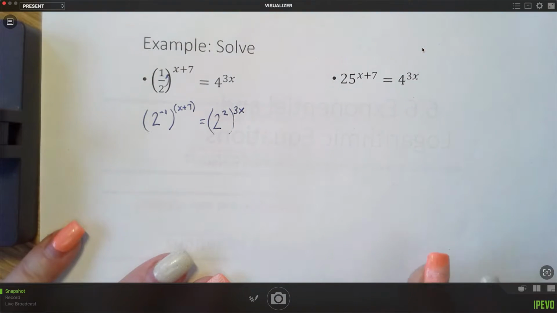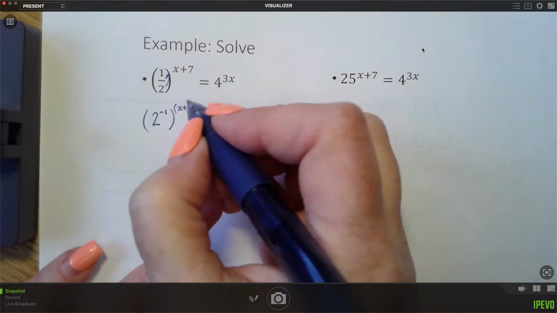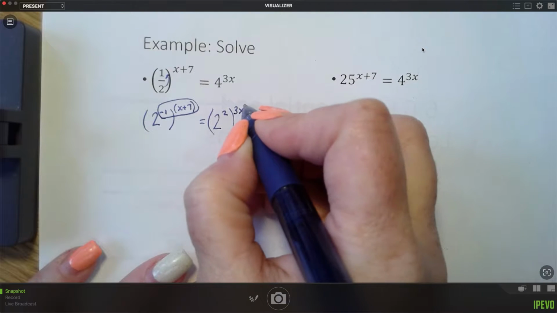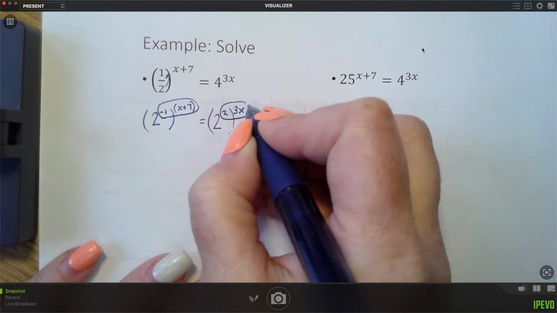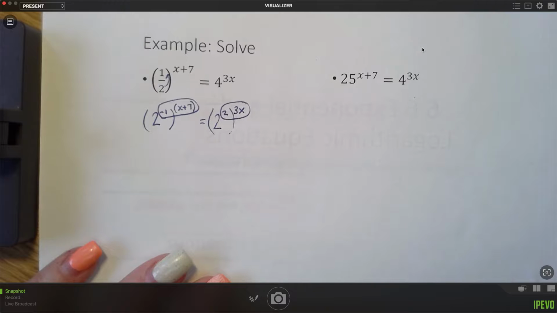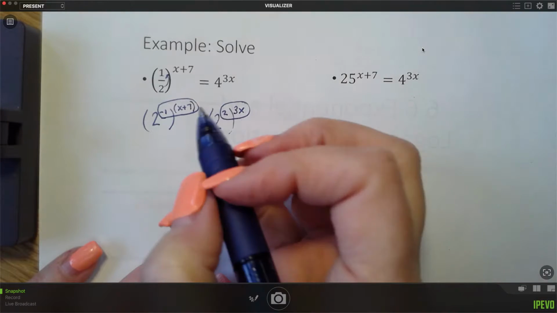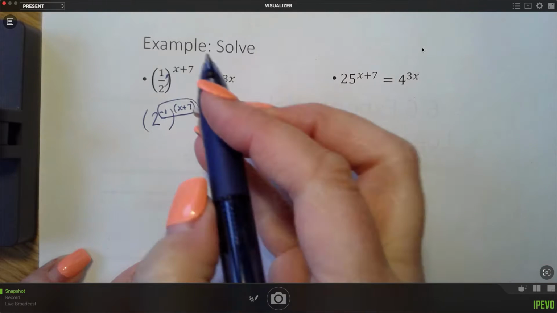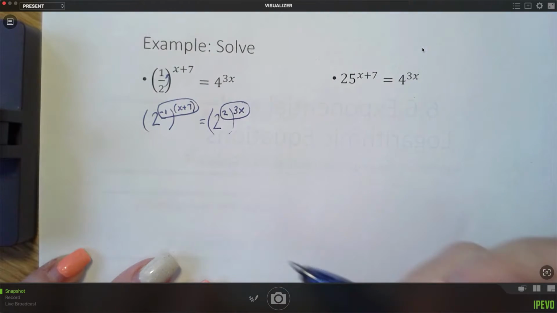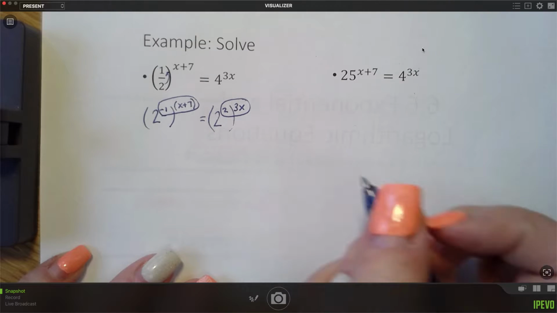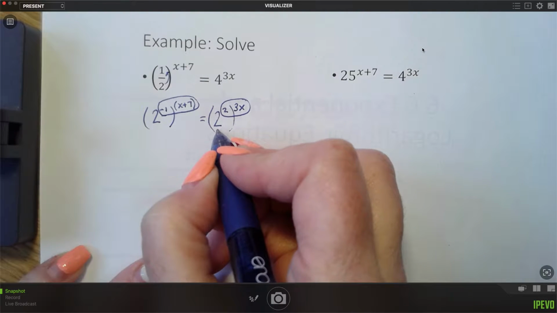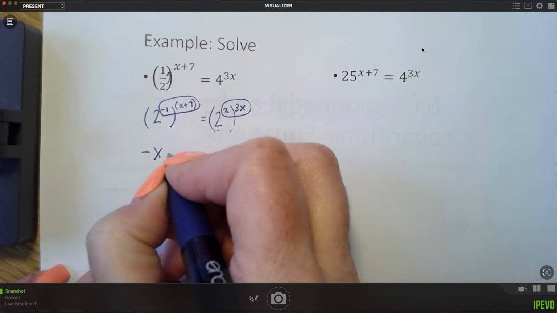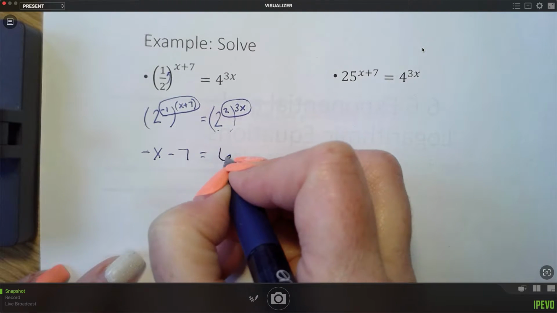Now, the only thing really different this time is we probably have to distribute that -1. I think we did a few of those last time. Because it's x plus 7 here, the bases are equal, so I can just set the exponents equal. I have -x minus 7 equals 6x.